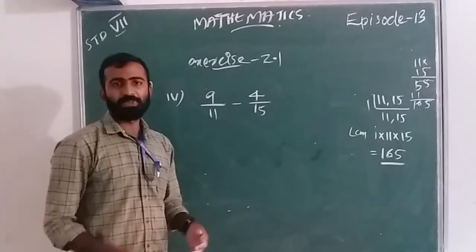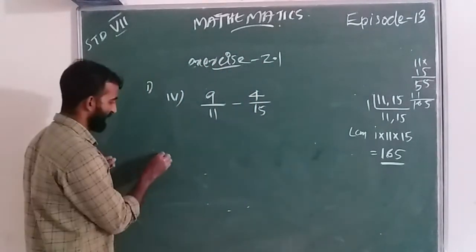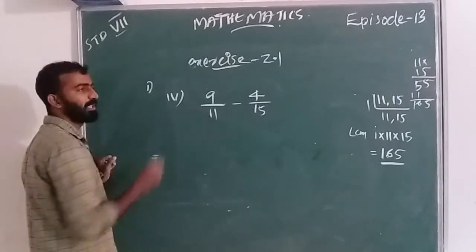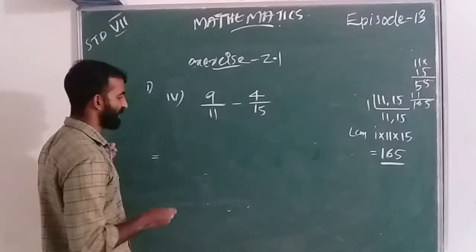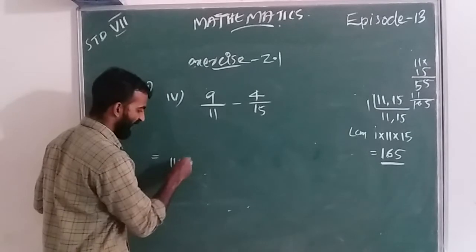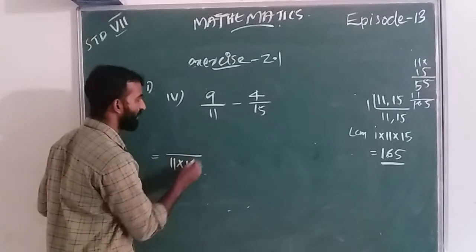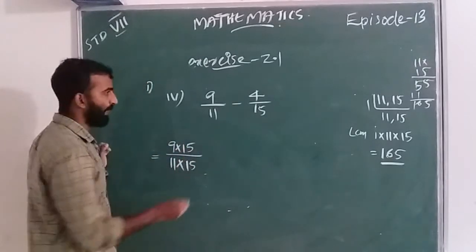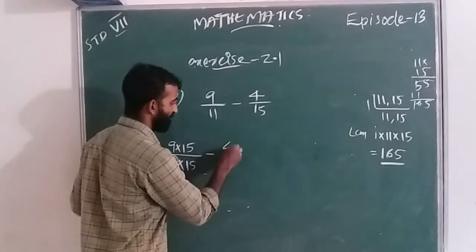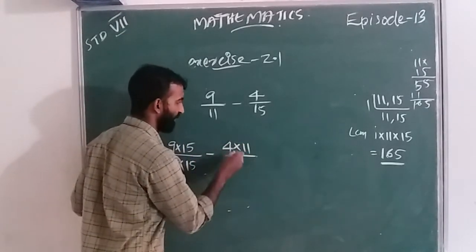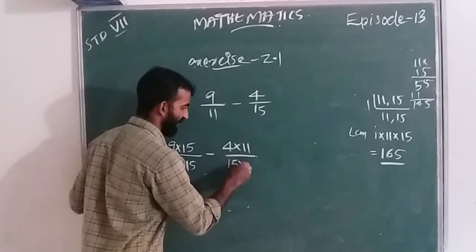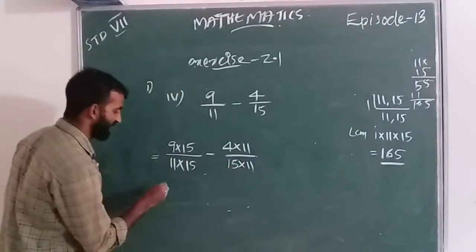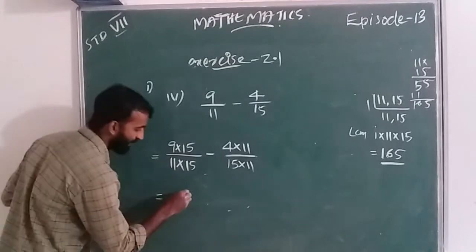We want to convert this denominator into 165. That is 11 into 15, minus 4 into 11, over 15 into 11.